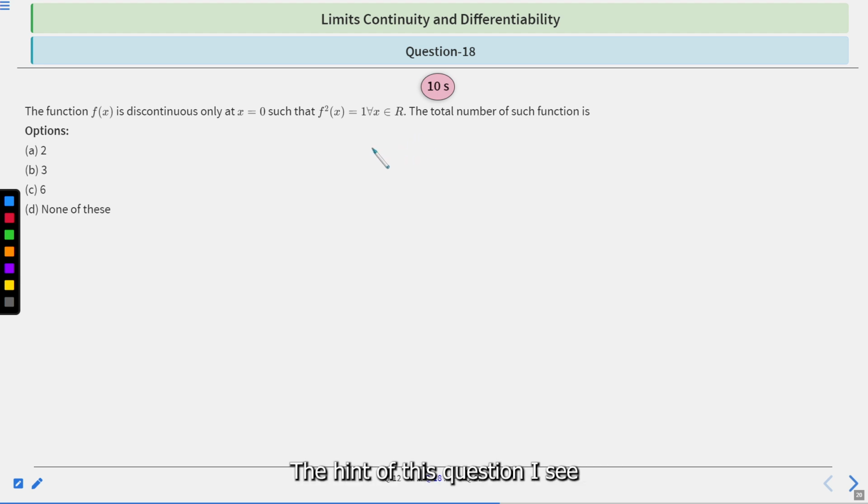The hint of this question is that f(x) is discontinuous at x equal to 0, we know this. And f square x is equal to 1, clear, for all x belongs to real. So first we will find the value of f(x) by using f square x equal to 1, and we will find whether how many such functions exist or not, clear. So you have 10 seconds to solve this question. After 10 seconds we will discuss the solution.